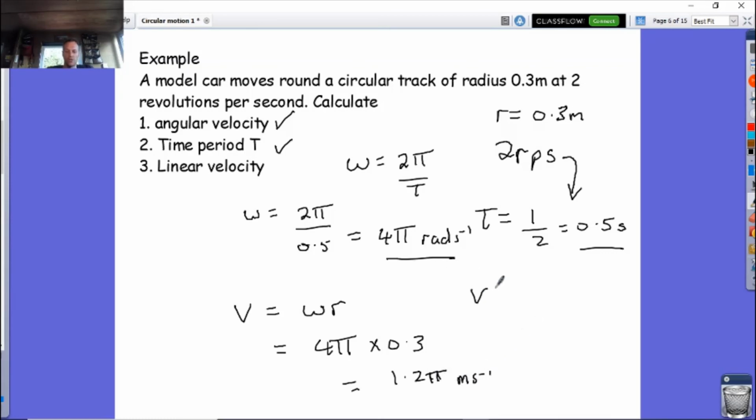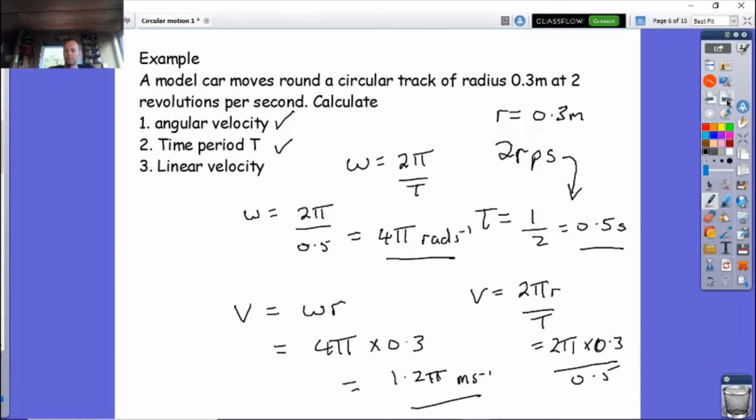You can easily use the equation v equals 2 pi r over t. That's exactly the same and leads to the same result. You've got 2 multiplied by pi, the radius 0.3, and you divide by the time period 0.5 to give you the right answer. That's a shortcut way of doing it. 1.2 pi.